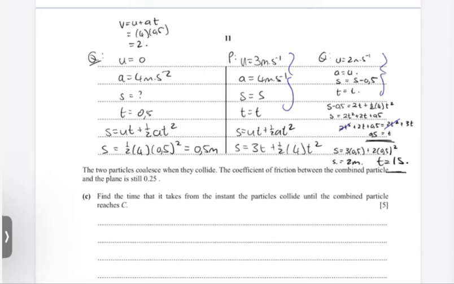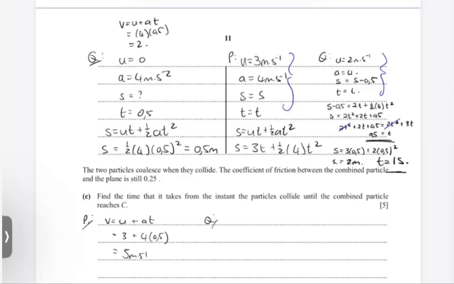So for P, V is equal to U plus AT. I've got my initial velocity of 3, and then we know there was just a time of 0.5. So 3 plus 4 times 0.5, so that's just giving me 5 meters per second. This is now just as they're about to collide.